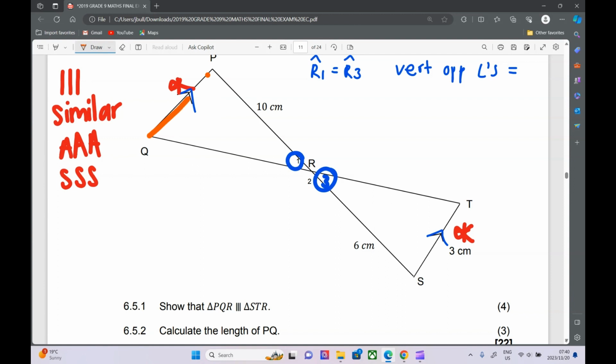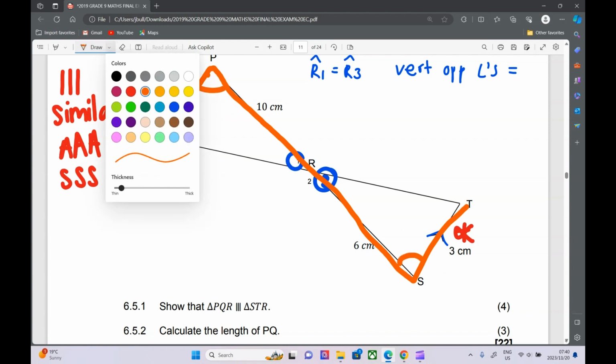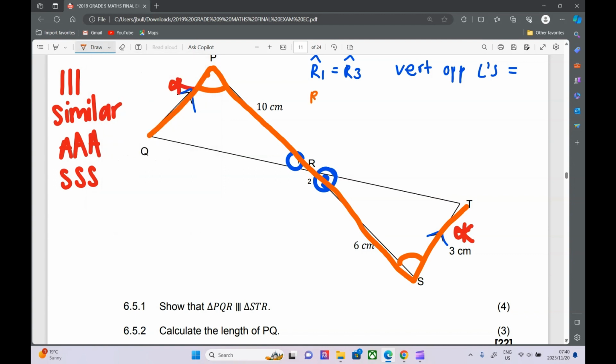So with the Z shape, that angle P there is equal to that angle S. So I can say next, angle P equals angle S. My reason is alternating angles are equal.